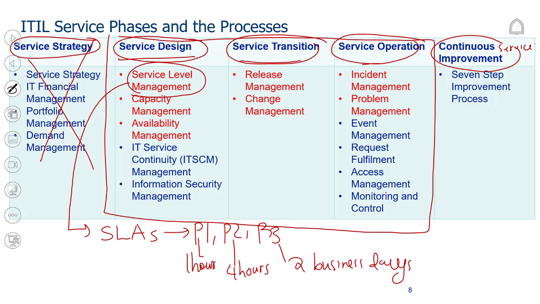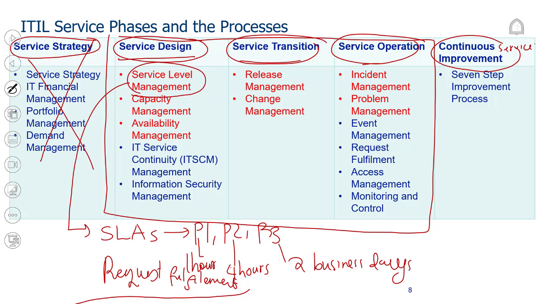The other thing, for example, let's say they raise what is called a request fulfillment. And here, let's say I'm a manager. I've got a new staff member who has walked in. I need his account to be created so that he can have access to the network. He needs to have a laptop and everything else.